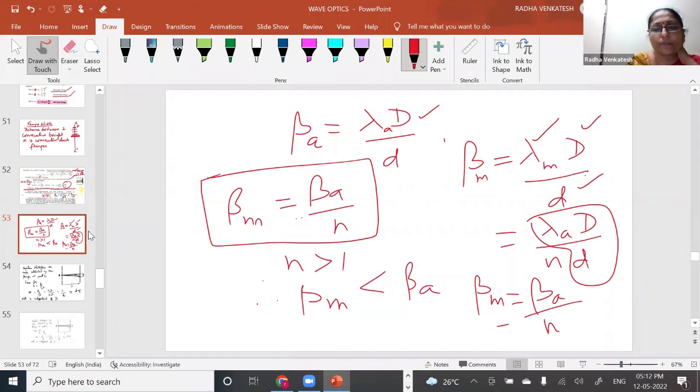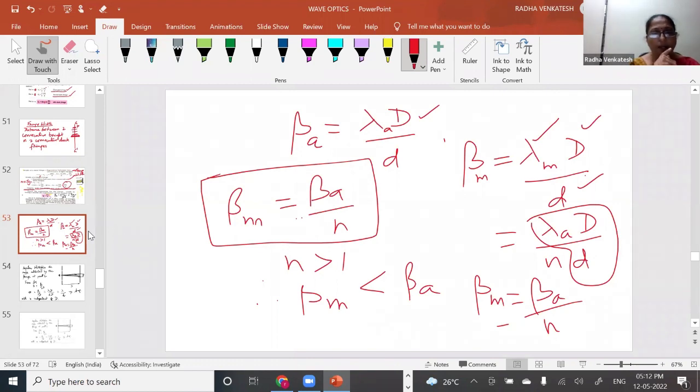So if beta_m is less than beta_a, what is happening to the fringe width? Is it contracting or becoming broader? The width of each fringe keeps reducing, so the fringe pattern narrows down.